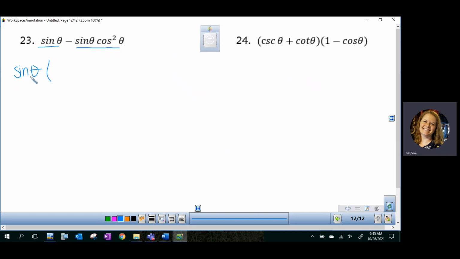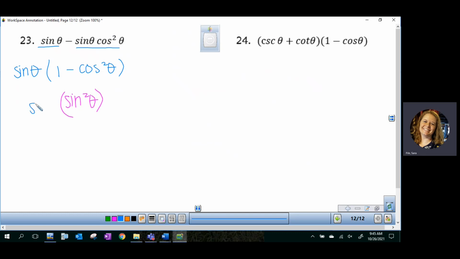If factoring is dividing, right? So sine divided by sine, that's going to leave me with a 1 there for that term, minus. And then when I divide there, it reduces to a 1 times cosine squared. So cosine squared. Now 1 minus cosine squared, that's a Pythagorean identity. That is sine squared.